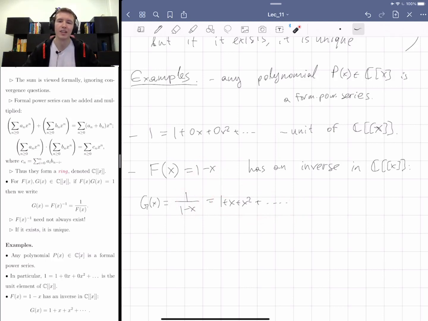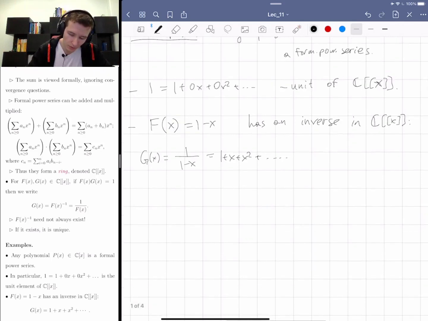You all know things about geometric progressions, but still, formal power series is a new object. You can't right away translate all results from calculus to formal power series. But the whole point is that all computations are inspired by calculus, and that's where the power comes from.